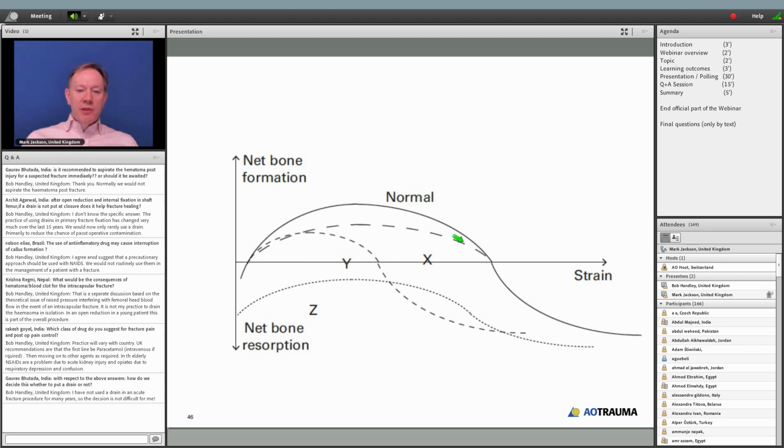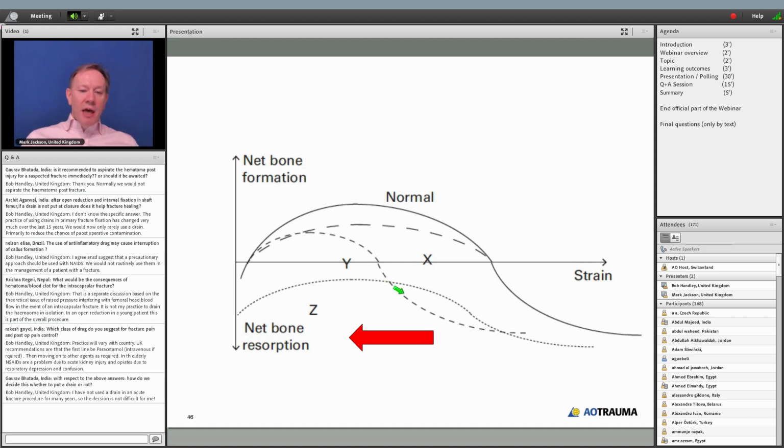We may get a slower than normal bone formation for whatever reason, but sometimes this may be because our strain window is actually much narrower than normal, and patients with what would be reasonably normal motion in some patients may not be able to, for whatever reason, form bone. And then in some patients, they may have an inability at that level of interfragmentary motion to form bone at all.